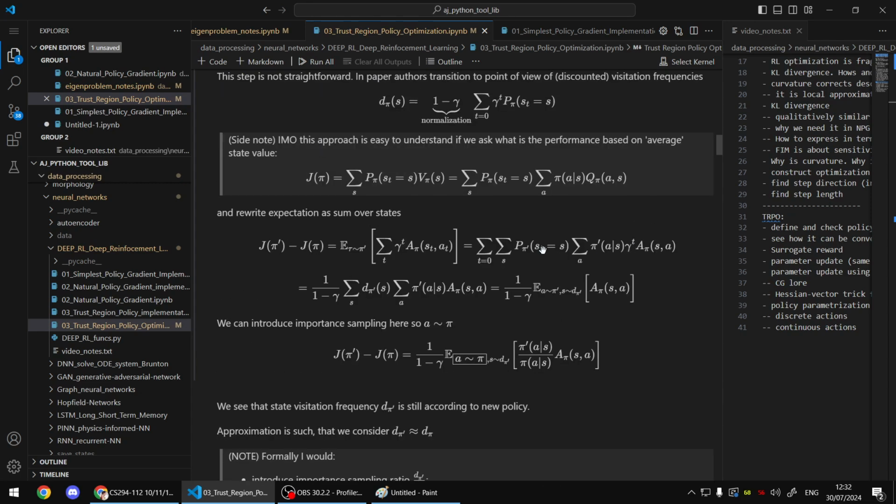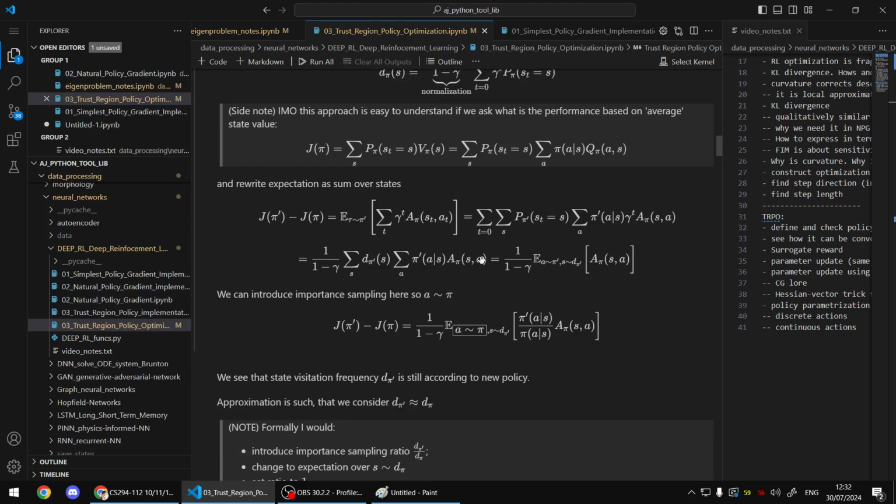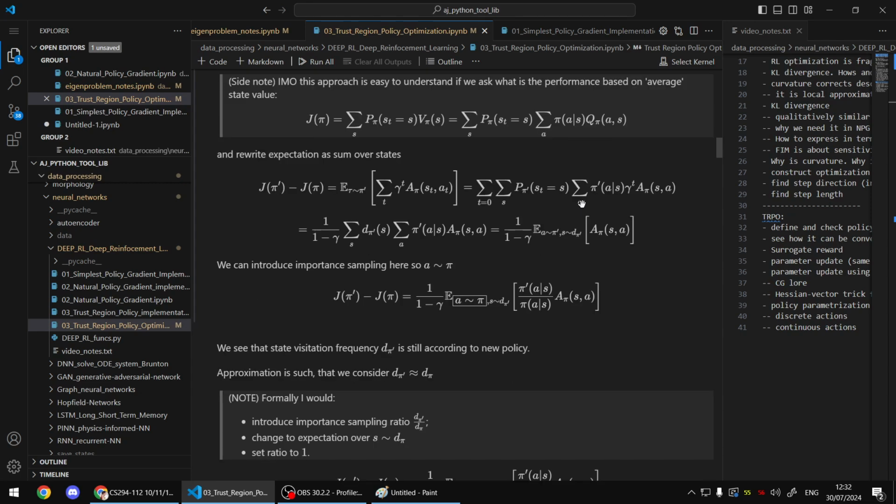We can notice that there's a sum of p and gamma, which is in the definition of this distribution of visitation frequencies, and we can rewrite this whole expression in terms of this particular distribution, which is dependent on the policy. So different policies will explore different parts of the observation space.